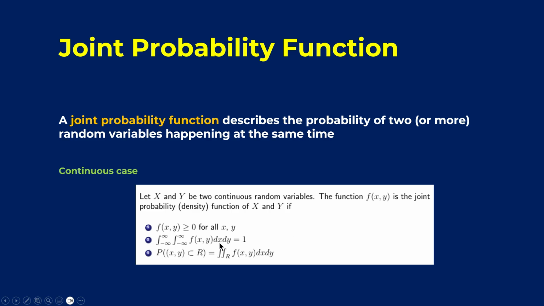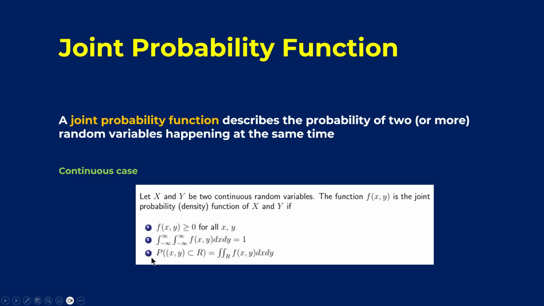Number two is the same as we've seen in the discrete case, but since we are dealing with the continuous case, the summation gets replaced with integrals, and the integration over all values of x and y must be equal to 1.